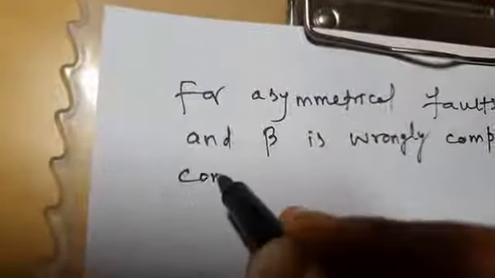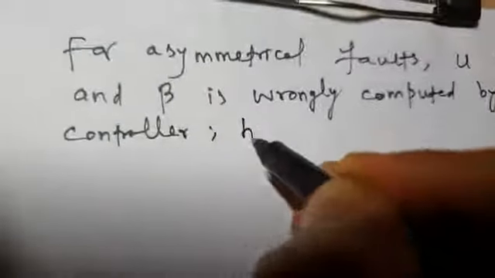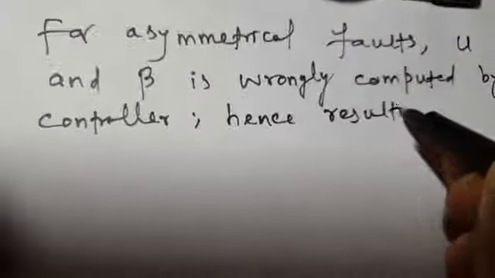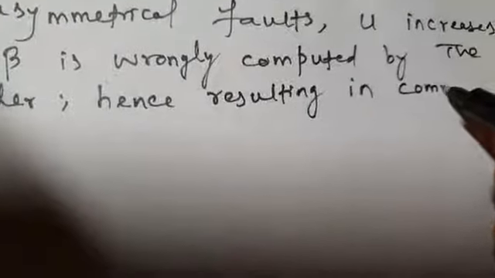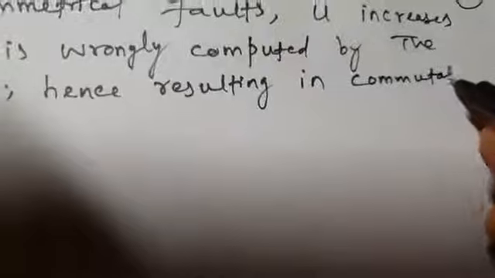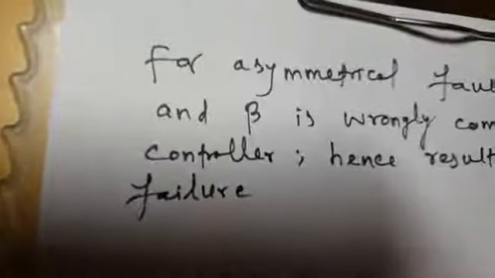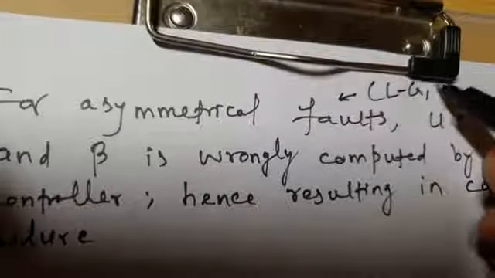The controller computes beta wrongly, hence resulting in commutation failure. And this wrong calculation of beta will not be able to maintain gamma at gamma reference, and that will definitely result in commutation failure. And when I say asymmetrical faults, within brackets I will write line to ground and line to line faults.